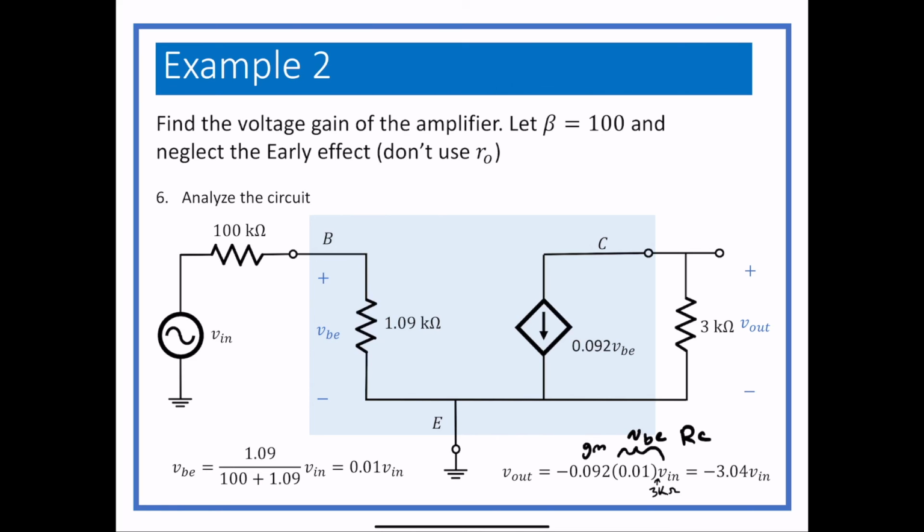Does that come out right? I'm just getting 0.92. If you take 0.092 times 0.01 times 3,000. Oh, 3,000. Yeah. 2.76. Okay. I'm sorry. You got 2.76? Yeah.